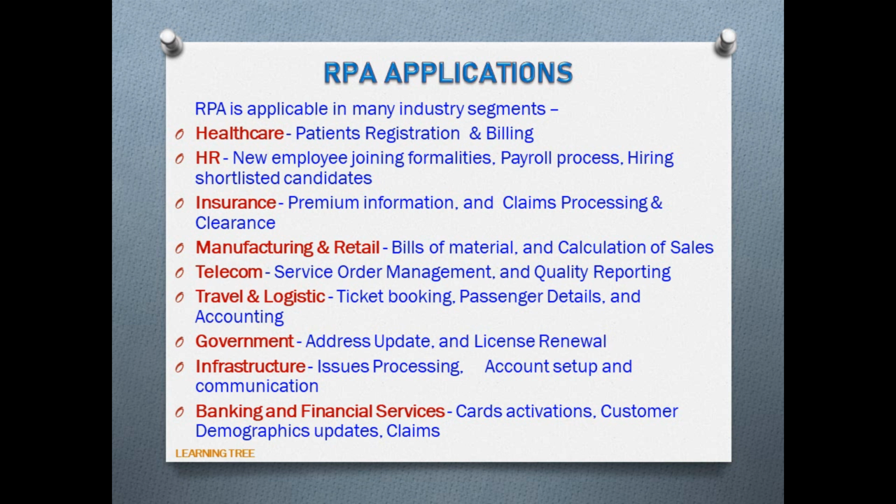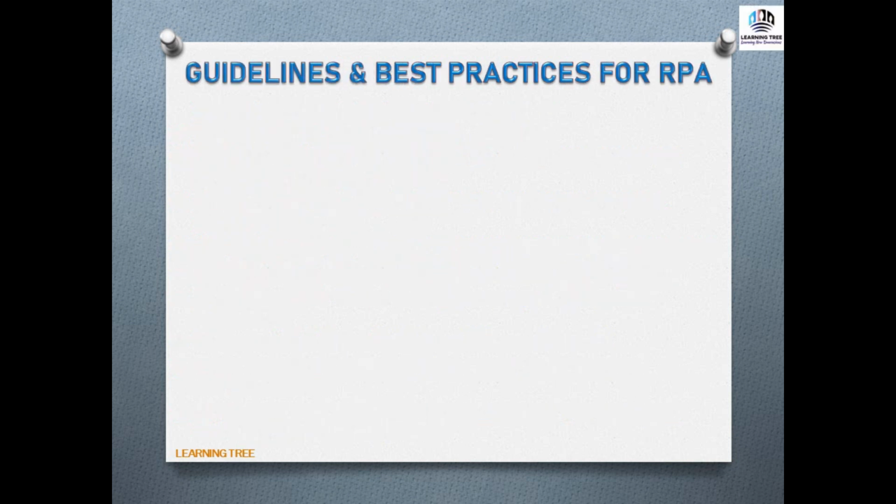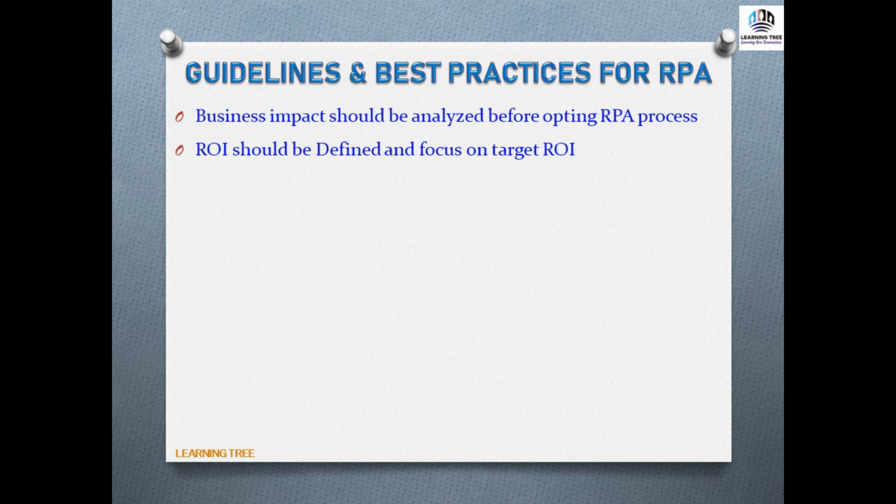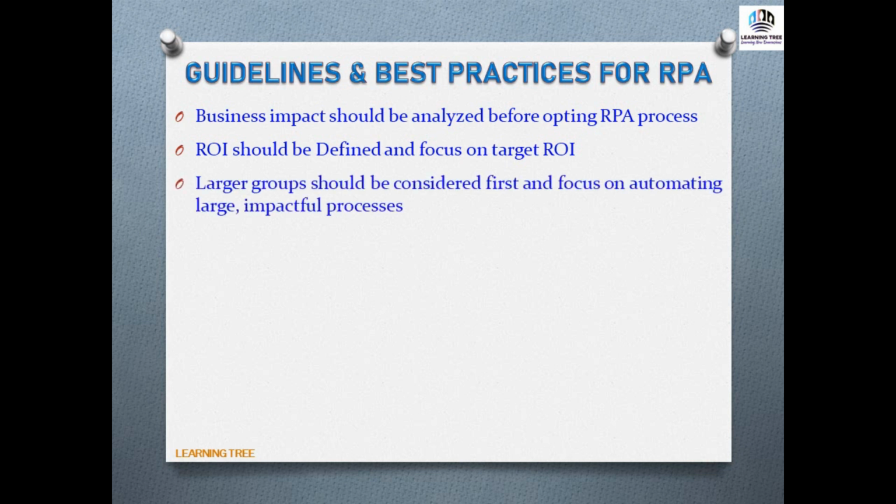Now lastly, we will discuss guidelines and best practices for RPA implementation. Business impact should be analyzed before opting for an RPA process. Return on investment should be defined, with a focus on the target return on investment. Larger groups should be considered first, focusing on automating large, impactful processes.